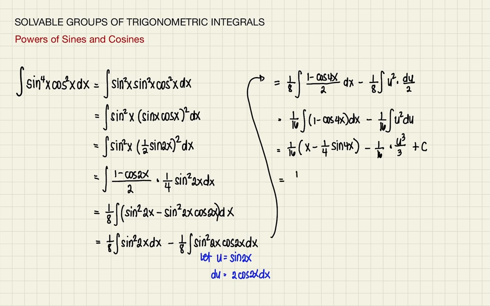So our answer is 1 over 16 x minus 1 over 64 sine of 4x minus 1 over 48. Our u is sine of 2x, so that's sine cubed of 2x, and then the plus c.